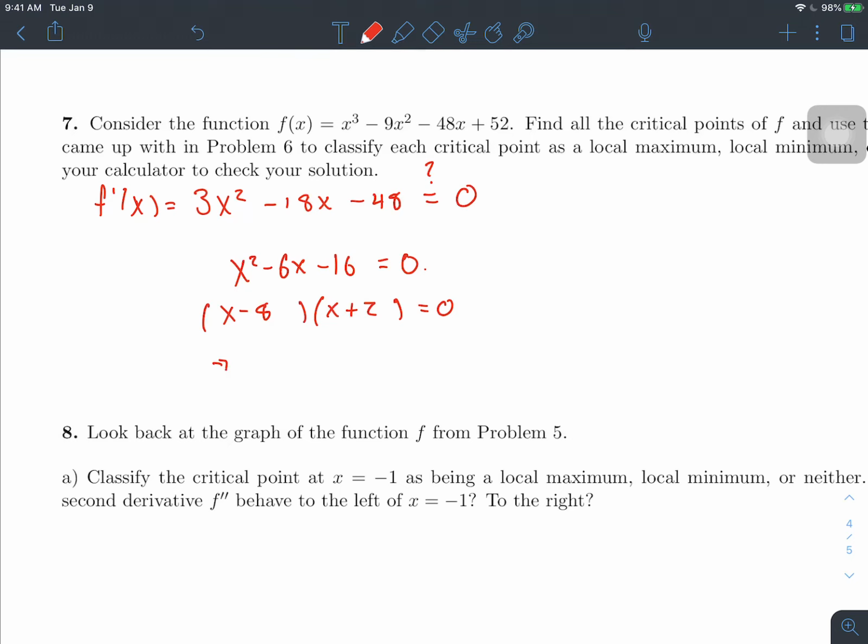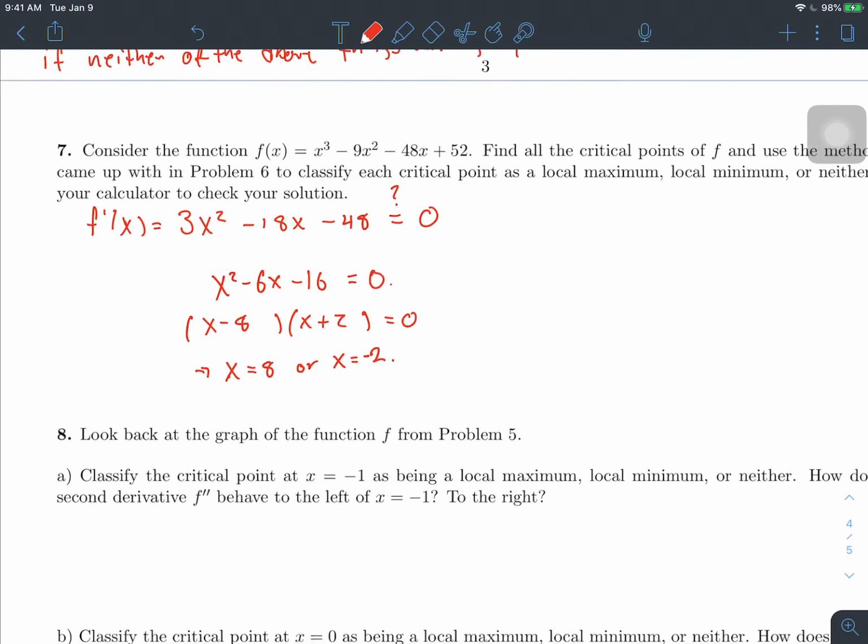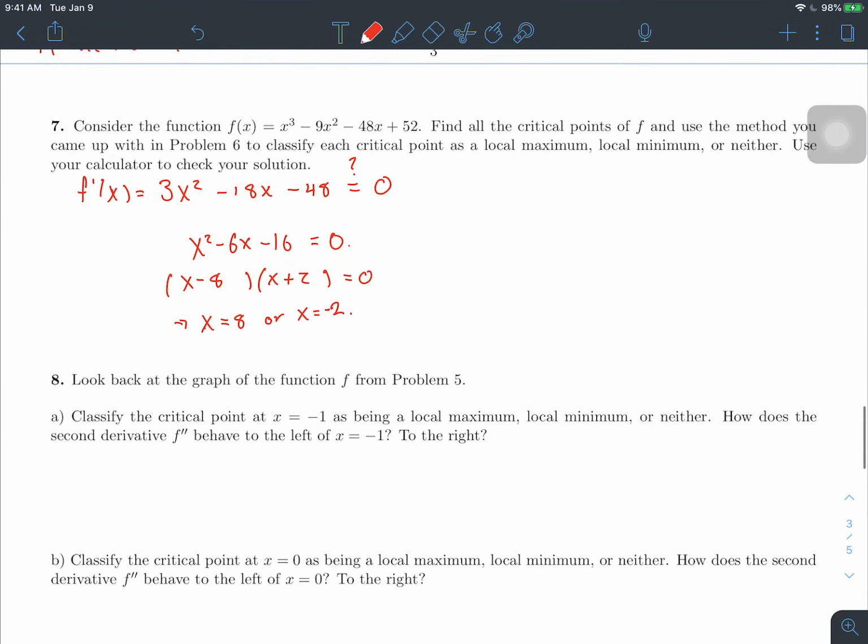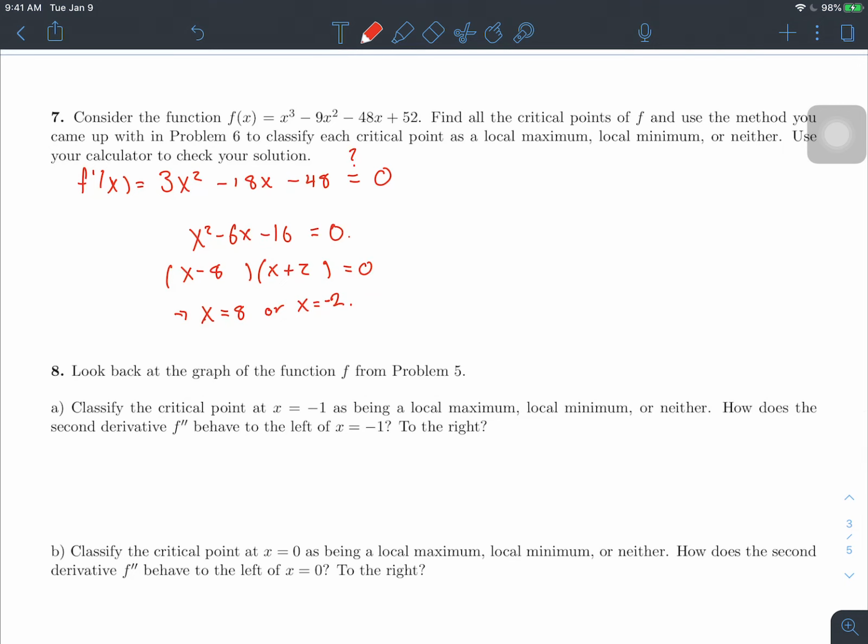So this implies that one of those two things is equal to 0, which means that x is equal to either 8 or negative 2, excuse me. Okay, so these are going to be the points where we have a critical point.